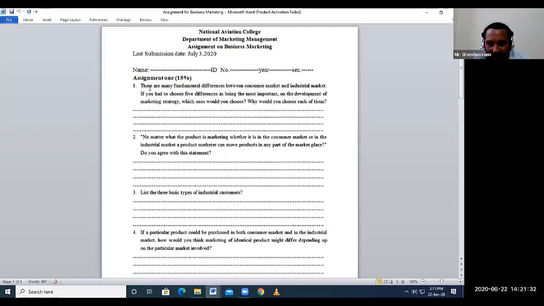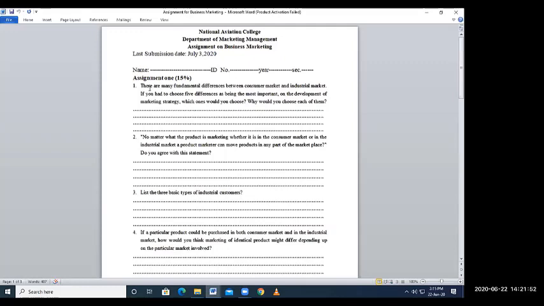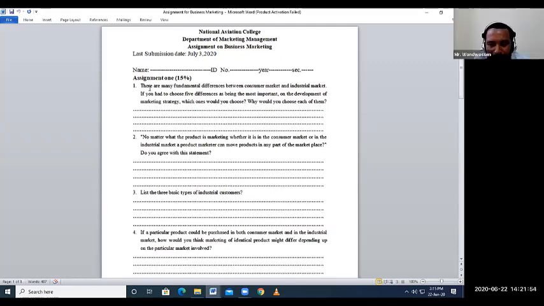For example, industrial product price is not as sensitive as consumer market price. The demand for industrial product is not as sensitive as the consumer market in terms of price, since the price in the industrial market is inelastic.